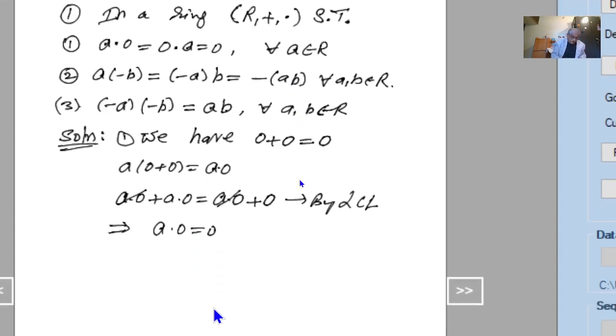Similarly, again, 0 plus 0 can be written as 0.